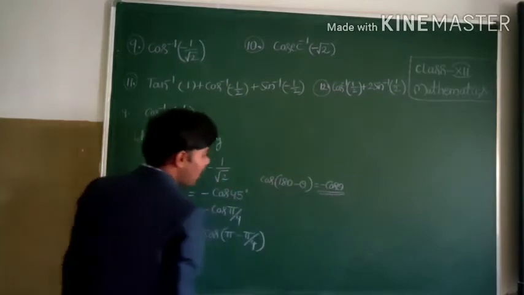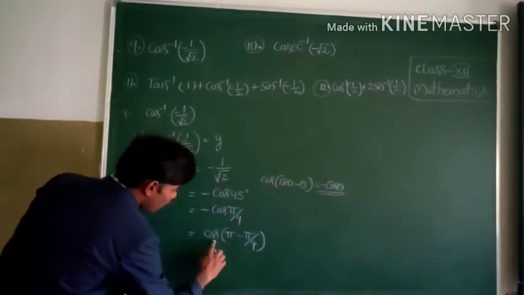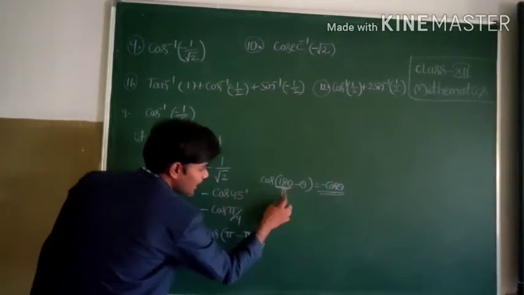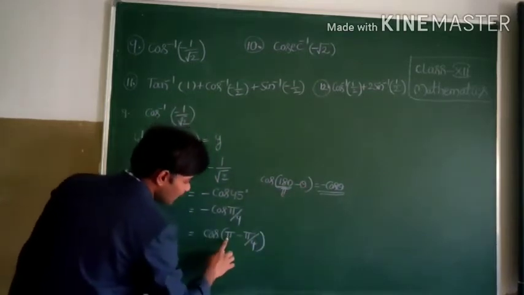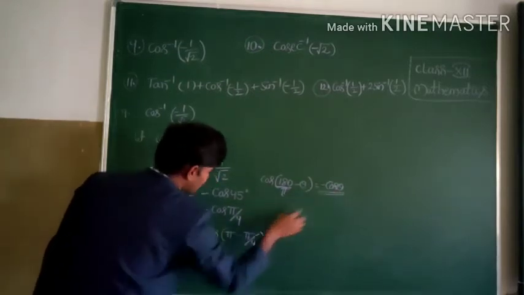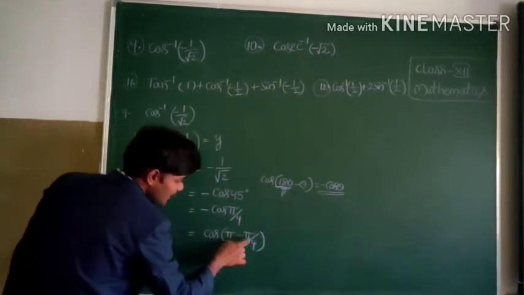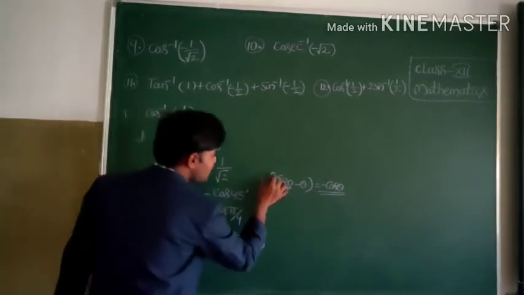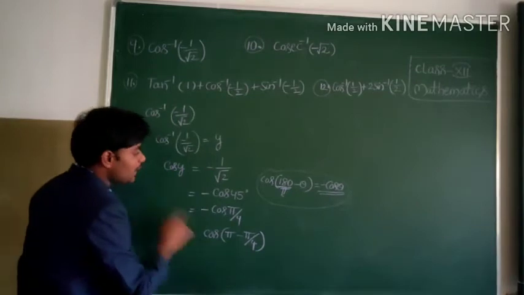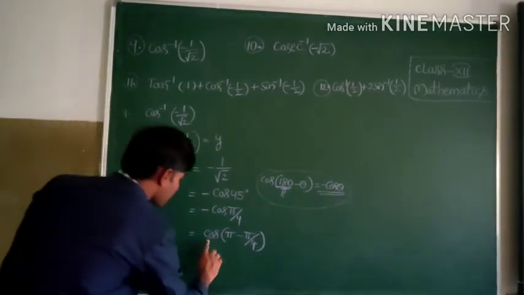Based on this formula I wrote this. Here pi minus theta, where theta is pi by 4, equals minus cos theta. Clear?